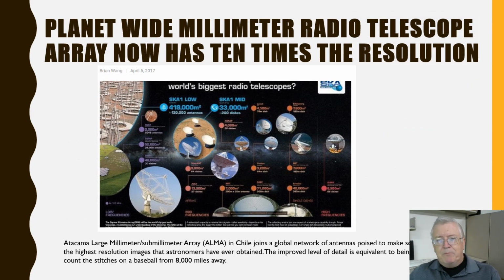I thought I would mention, just because it's in the news lately, there is a planet-wide millimeter radio telescope array now that has 10 times the resolution it had before.